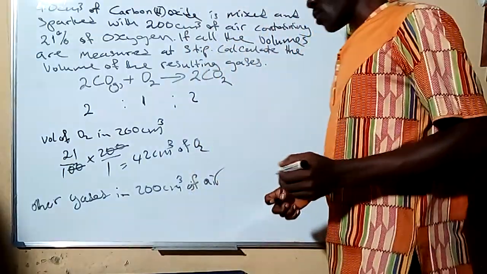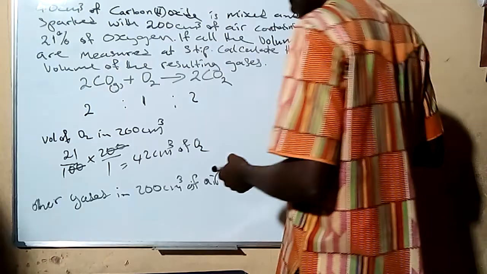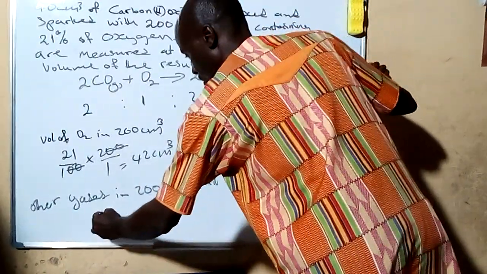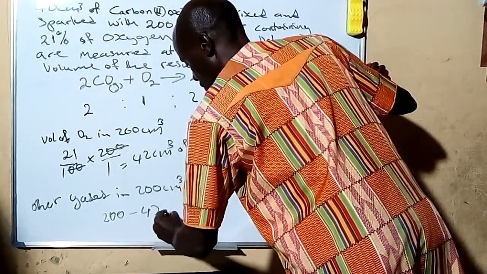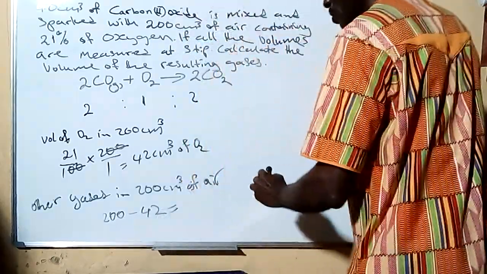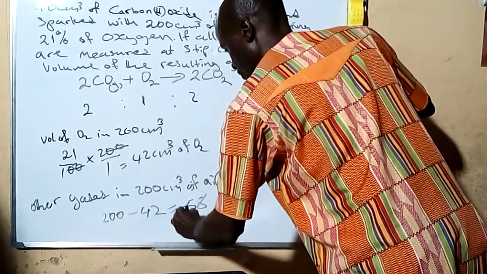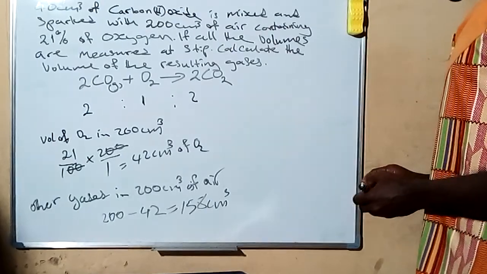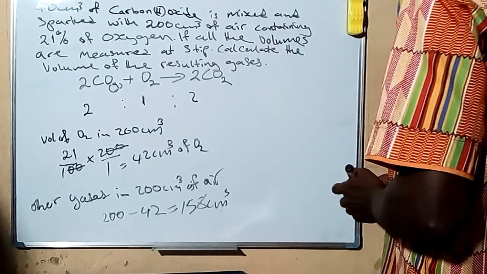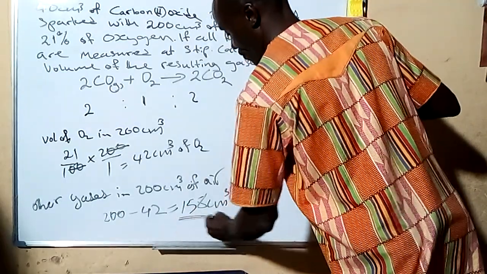The other gases include nitrogen and noble gases. So that means we have 200 minus 42. What we have here should be 158 cm³ of the gas.